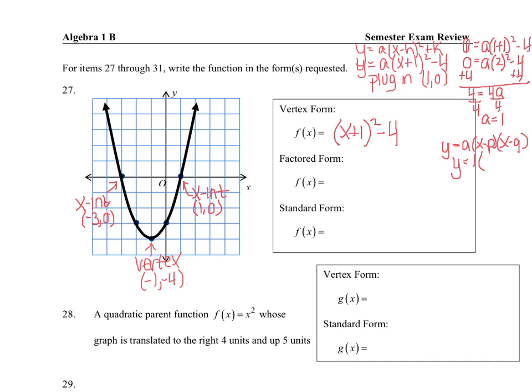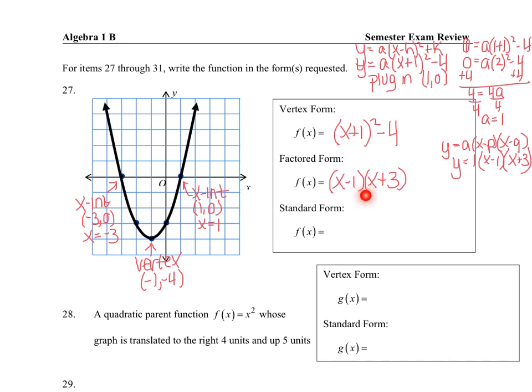Again, in the parentheses, it's always opposite because the standard form is x minus. So x minus, my x-intercepts here are 1 and -3. So x minus 1 and x minus -3, which is x plus 3. So my factored form is going to be x minus 1 times x plus 3.